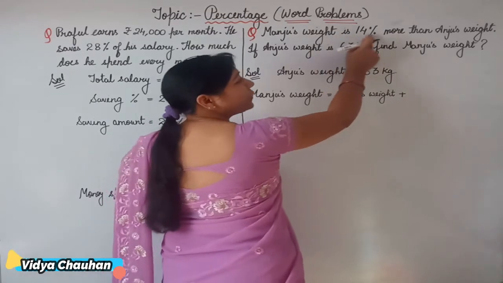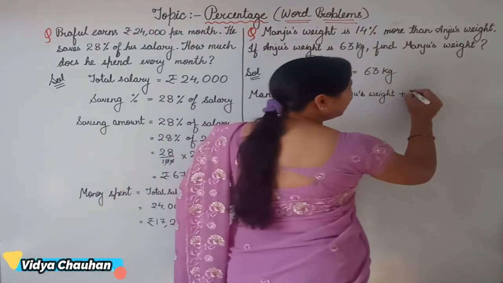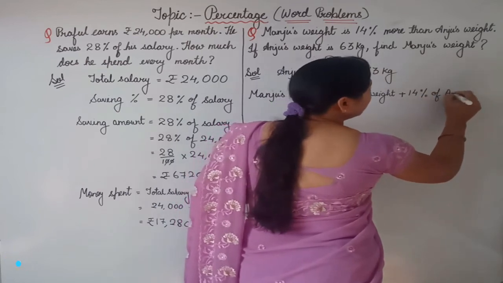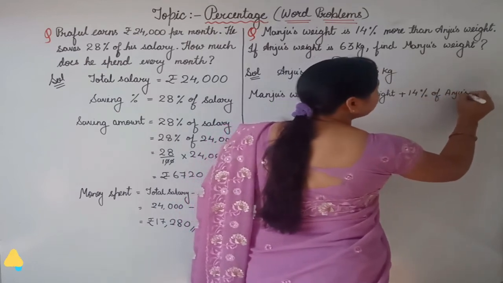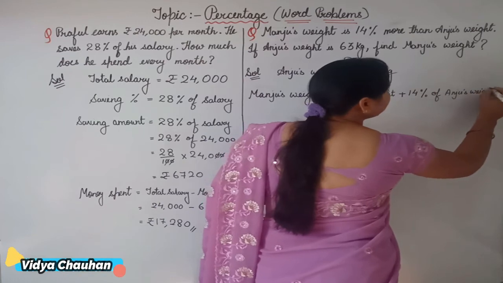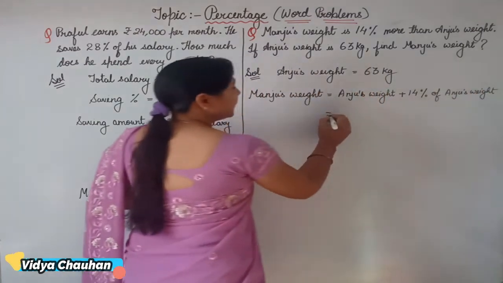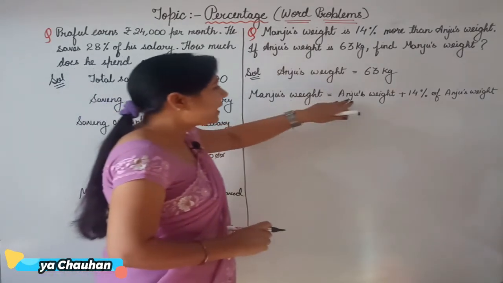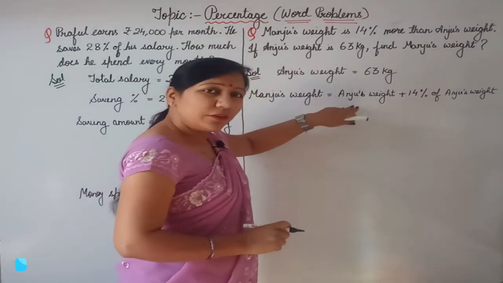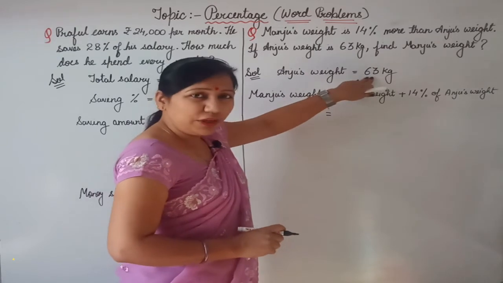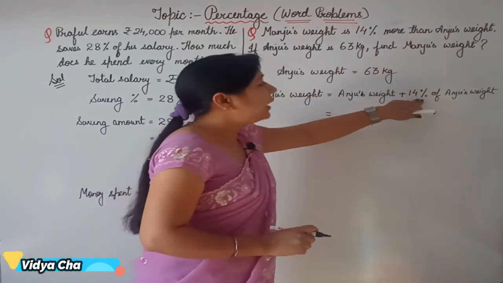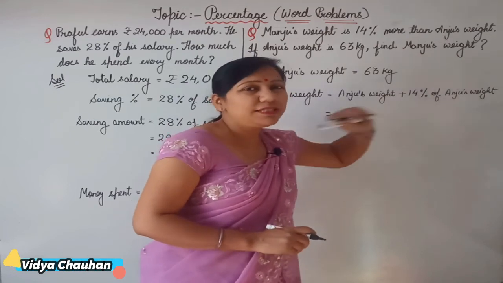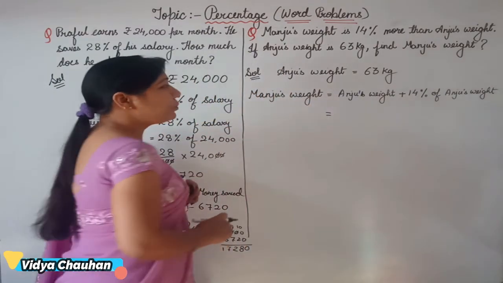Because Manju is 14% heavier than Anju. So that will give you the value of Manju's weight. So Manju's weight is actually Anju's weight, that means 63 kg, plus the increase in weight which is 14% of Anju's weight, that means 63 kg. So let's put the value.